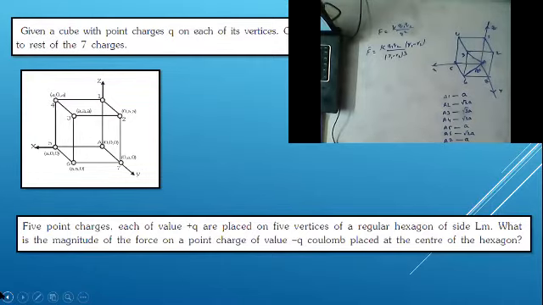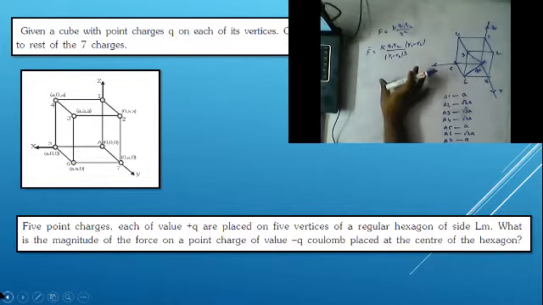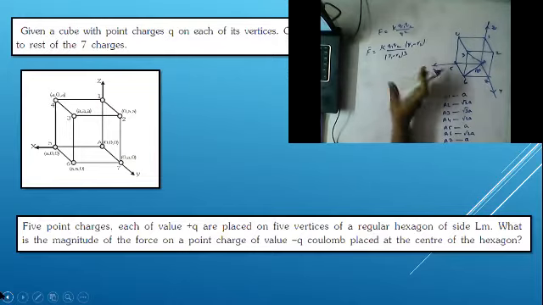So you need to first list out the distances. What is the formula? The modulus of R1 minus R2 whole cube. Instead of calculating separately, I have calculated all of these along with the problem beforehand for better understanding.